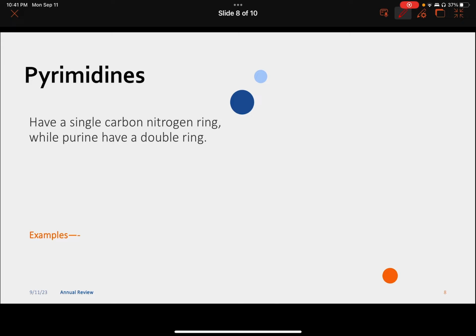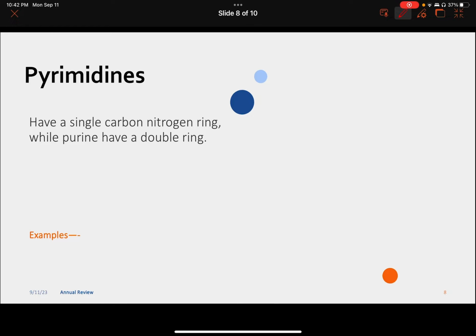So what is pyrimidine? Pyrimidine has a single carbon-nitrogen ring, while purine has a double ring. So I'm going to elaborate more on the types of these nitrogenous bases that make up the nucleotides found in nucleic acid, right? Pyrimidine has one single carbon-nitrogen ring.